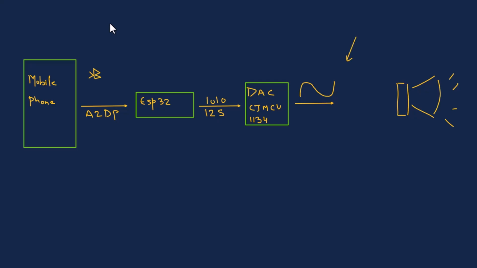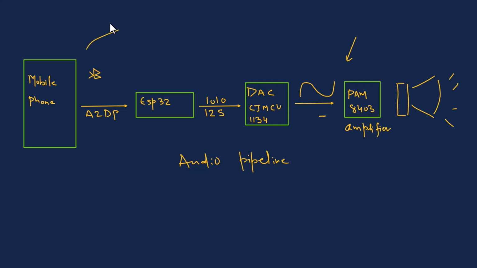And at this point, right at the DAC output, we can also connect a small audio amplifier, like the PAM8403, if we want to boost the signal before sending it to our speakers. That way we get louder and cleaner sound, especially when driving passive speakers. So yeah, that's the full audio pipeline from your phone all the way to your ears.